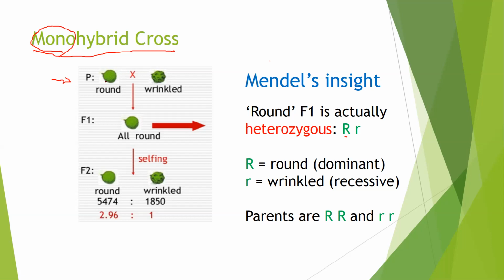However, when we cross these two parents, we end up with an F1 progeny population showing only one phenotype, the round shape. So what does that mean? Based on what we have learned yesterday, this indicates the relationship between these two alleles. The capital R is the dominant one, and the lowercase r is the recessive one.